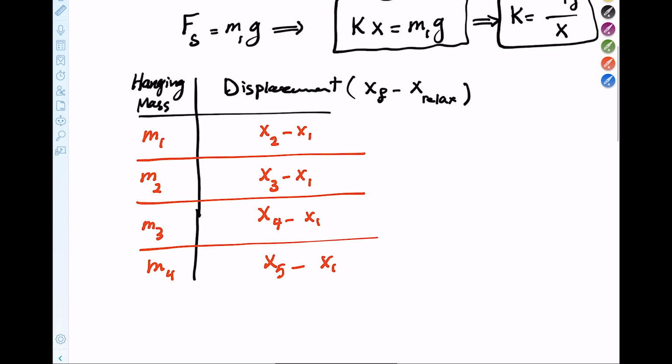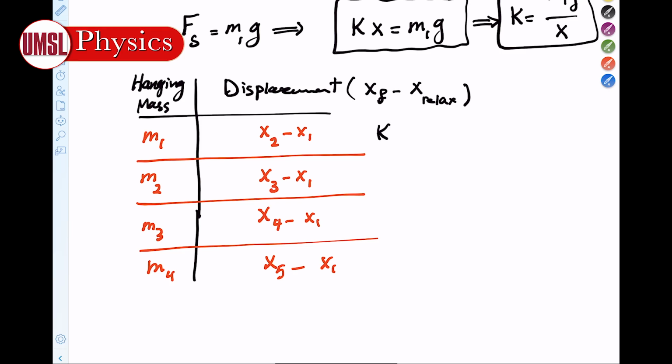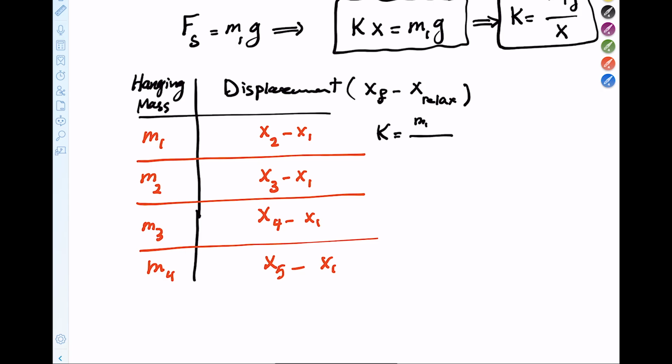The idea is that you would have a K number here. That would be M1G divided by the amount of a stretch, X2 minus X1. You would have a different K value here, M2G divided by X3 minus X1.